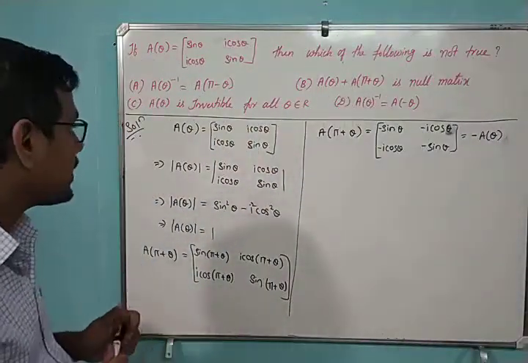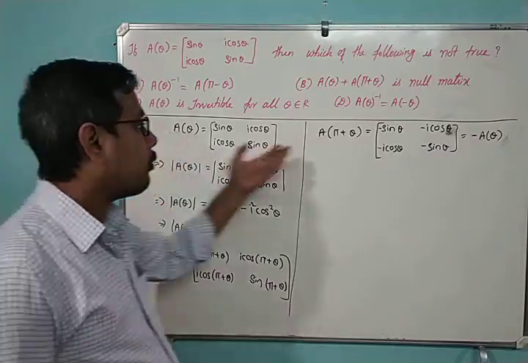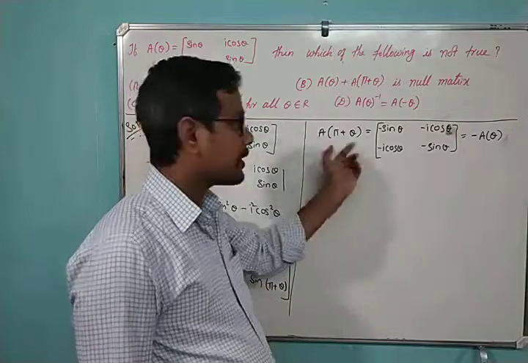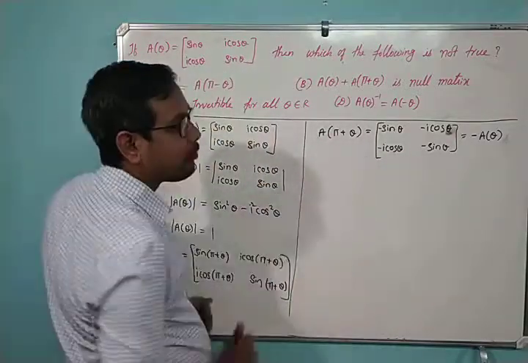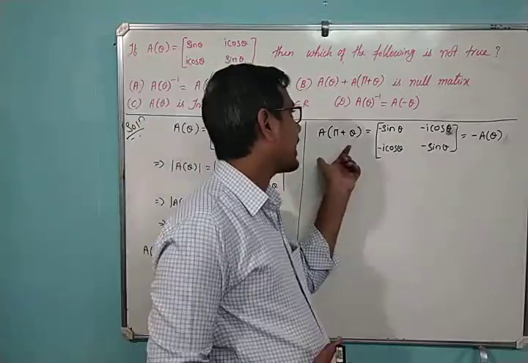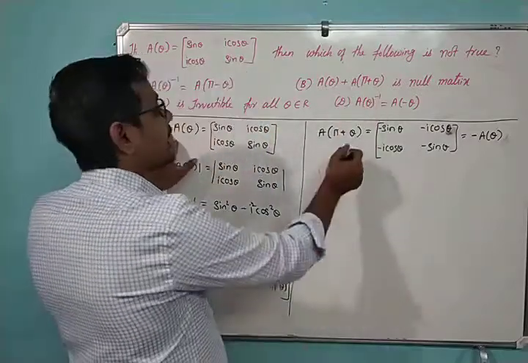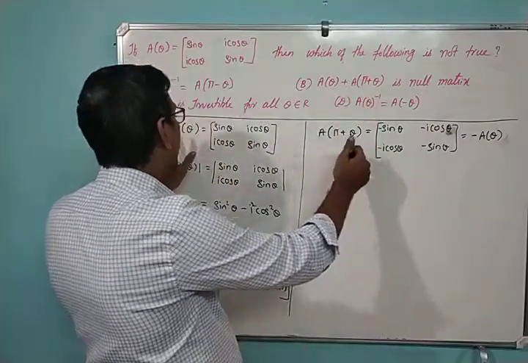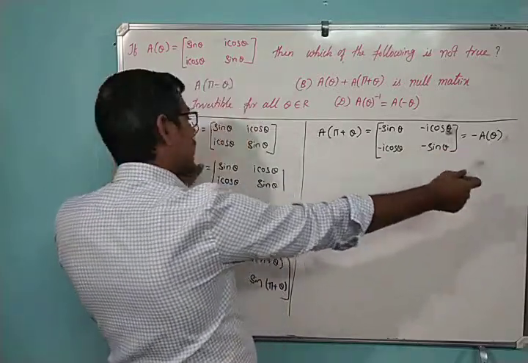So now you see, this is A of theta, and A of pi plus theta is minus A of theta. If we add A of theta and A of pi plus theta, as we have in this option, then A of theta plus A of pi plus theta will be A of theta plus minus A of theta, that is A of theta minus A of theta.